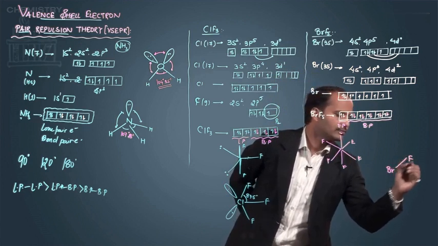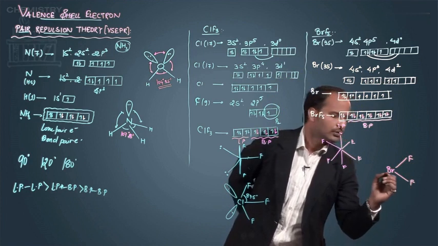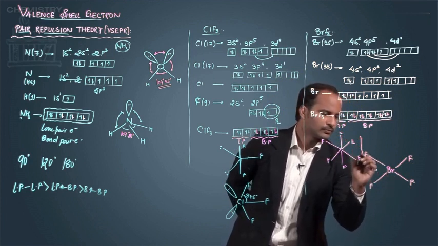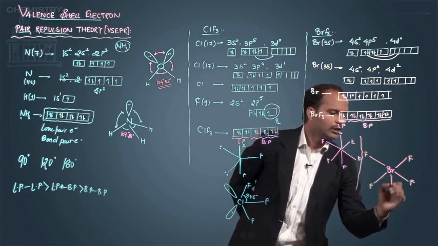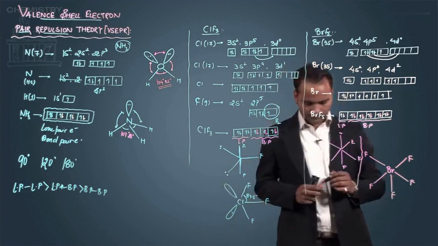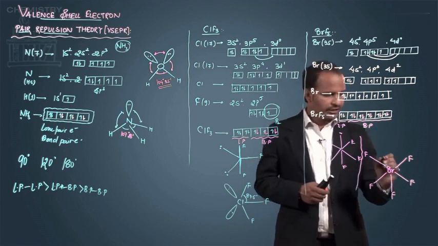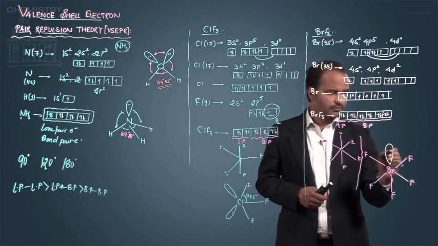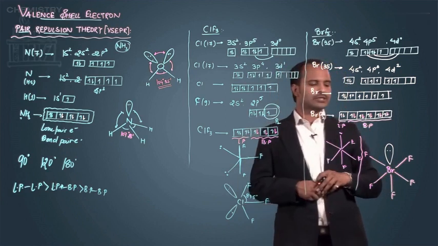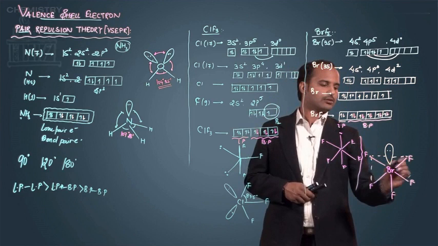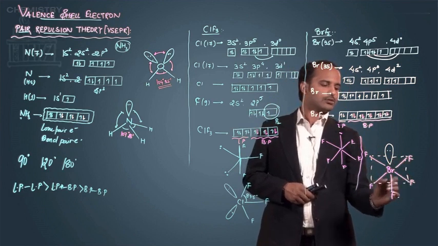Br, first fluorine atom, second fluorine atom, third fluorine atom, 4th fluorine atom. Here we have the 5th fluorine atom, and here we have the lone pair of electrons. Again, due to the presence of the lone pair of electrons, this is the shape we have.